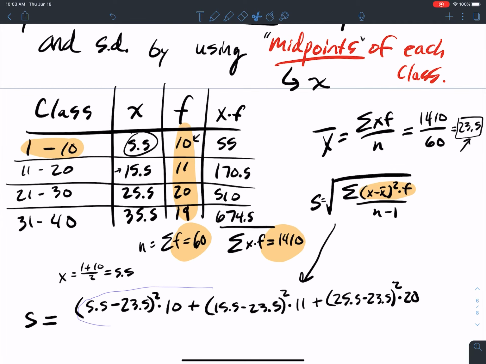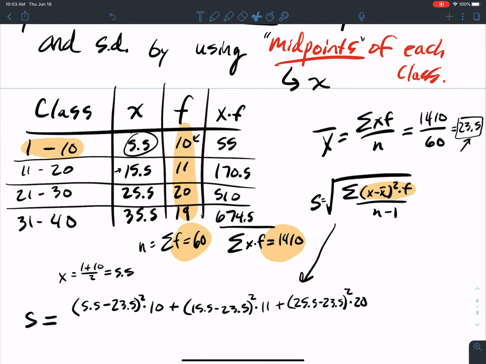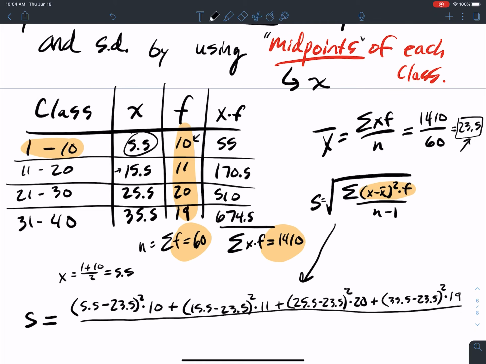And then last, I've got 35.5 minus 23.5 squared times 19, because there's 19 of those. And I'm going to divide that all by 60 minus 1, because n minus 1 there.